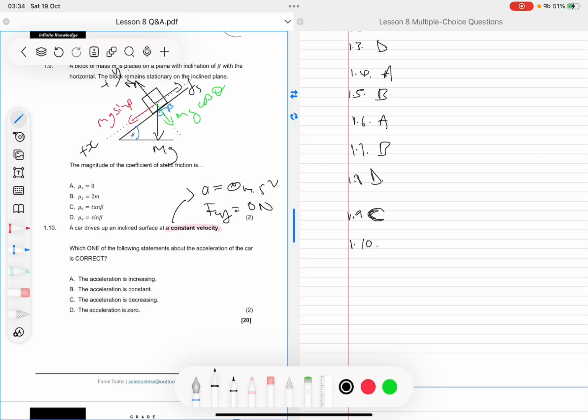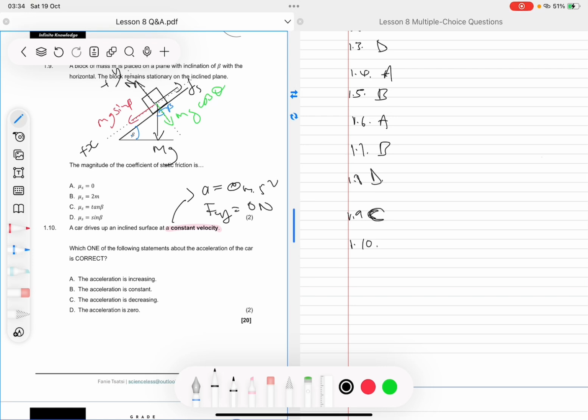When an object moves at a constant velocity, we know from Newton's second law that there is no net force, right? And later on, when we defined equilibrium, we did say that when there is no net force, it means the acceleration is also 0.